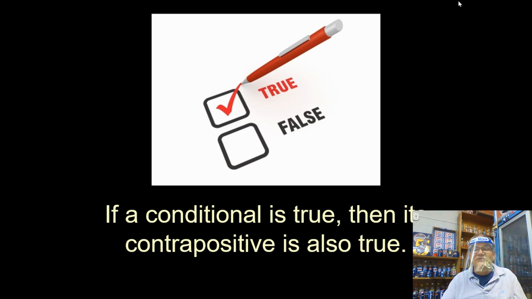So yeah, if the conditional is true to begin with, the contrapositive will also be true. That's actually why the contrapositive is really the most important of those, because it pretty much means the same thing as the original statement, but sometimes it's easier to deal with that than it was the original.